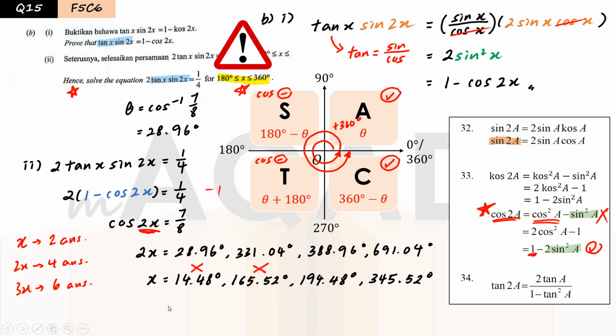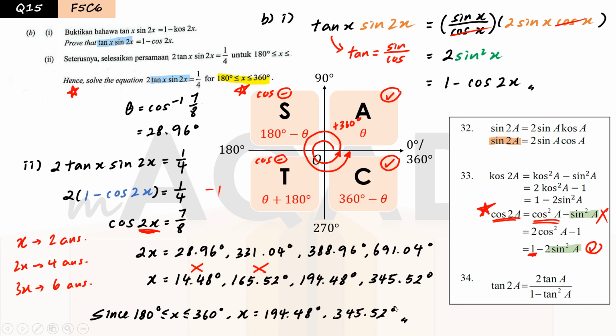So we can write out a final conclusion here, where x, from 180 degrees to 360 degrees, is 194.48 degrees and 345.52 degrees. And with that, we have completed the discussion of this paper.